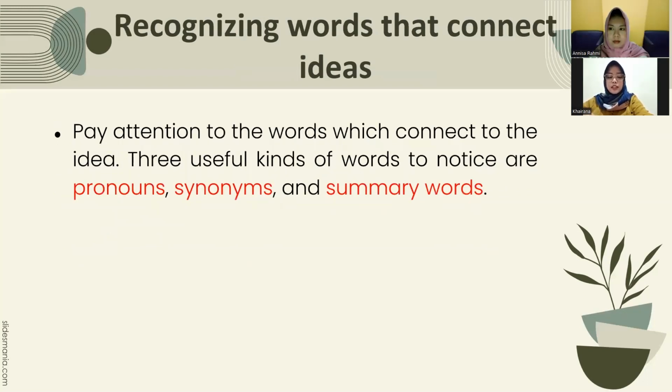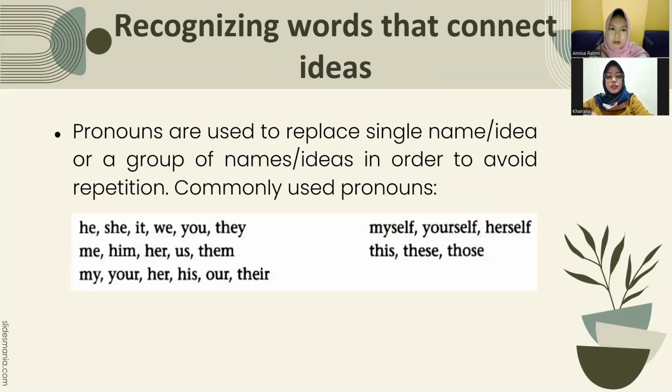The next topic is recognizing words that connect ideas. In using this strategy, you must pay attention to the words which connect the ideas. There are three useful kinds of words to notice: pronouns, synonyms, and summary words. First, pronouns. Pronouns are used to replace a single name or idea or a group of names or ideas in order to avoid repetition.